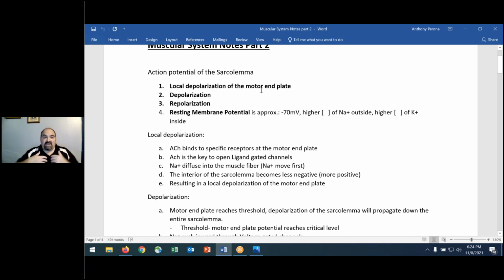Then a depolarization of the plasma membrane of the sarcolemma will occur, which allows this electrical event to spread away from the motor end plate along the sarcolemma, go deep into the T-tubules, and then interact with the terminal cisternae of the sarcoplasmic reticulum, allowing release of calcium ions into the area of the myofilaments, actin and myosin.